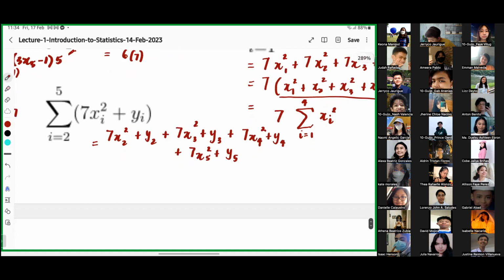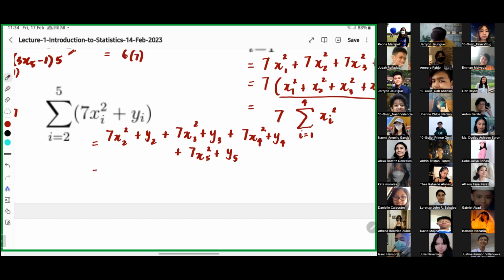Alright, but notice what will happen kapag kinulek ko lahat ng may x at lahat ng may y. Pag pinagsama ko to, ano mangyayari?